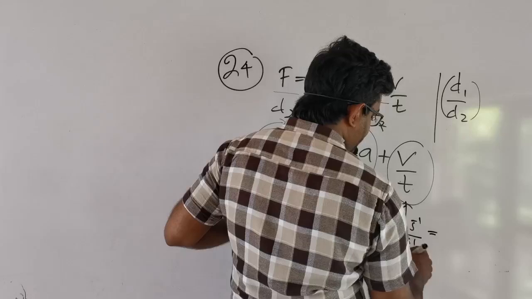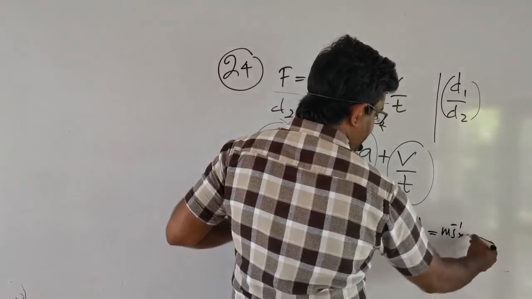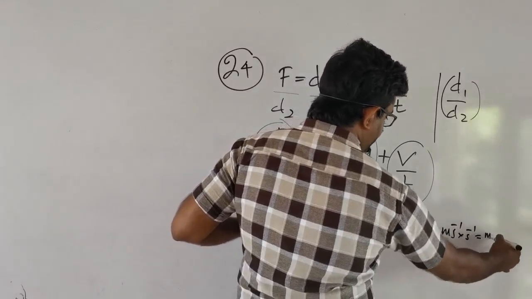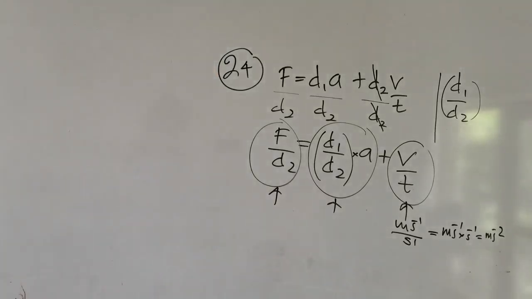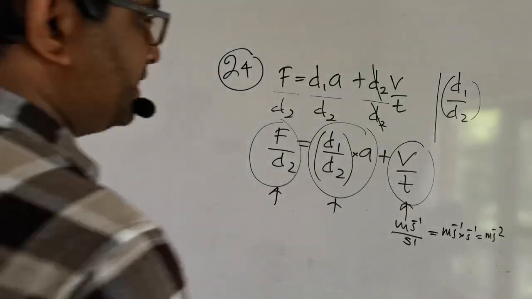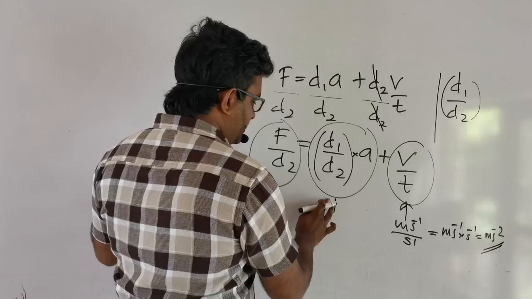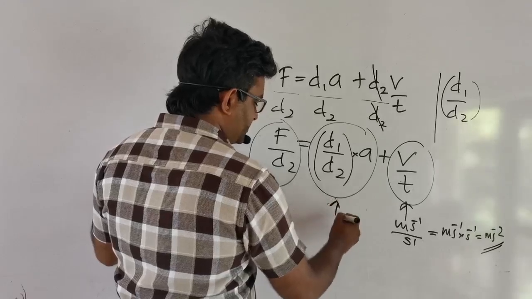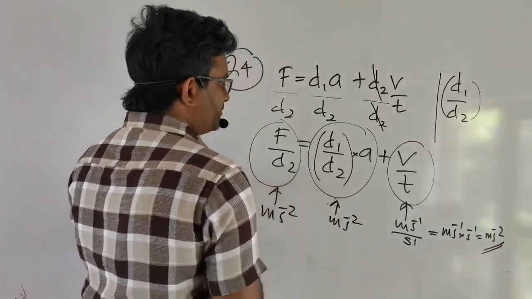We can take that to the numerator, m s minus 1 into s minus 1, that is m s minus 2. So that is the unit of that term. That means all the other terms should have the same unit, m s minus 2, and here also m s minus 2.